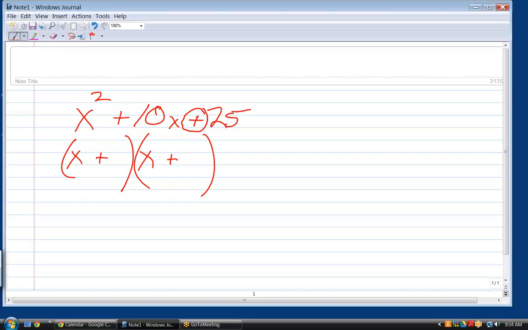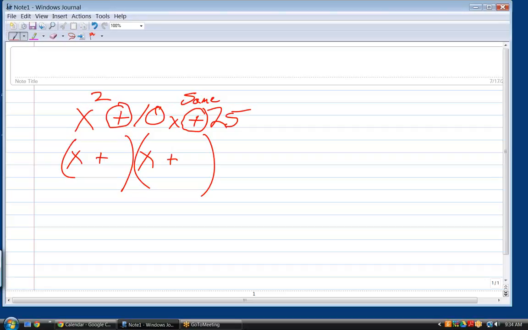Remember, the last step of FOIL is going to be to multiply this number times this number, and the only way we can produce a plus is if these two signs are the same. They don't have to both be plus, they could both be minus. But to determine, this says they're the same, and this one says they're both plus.